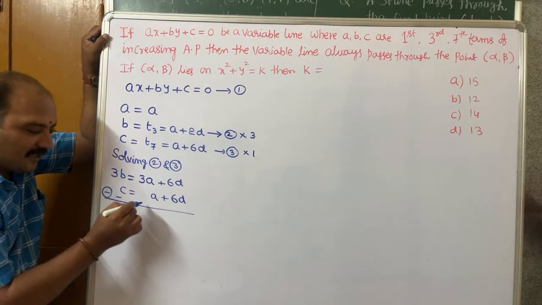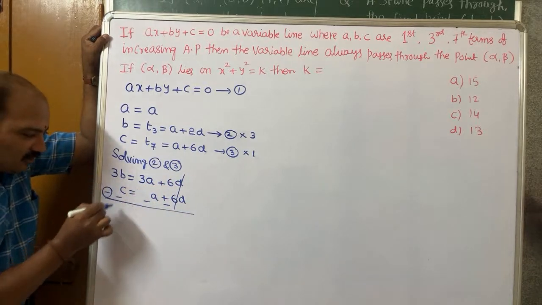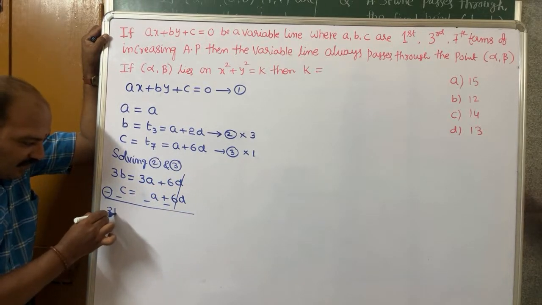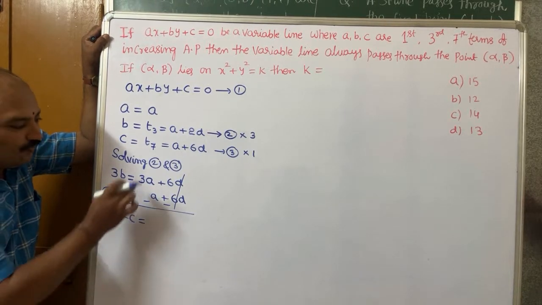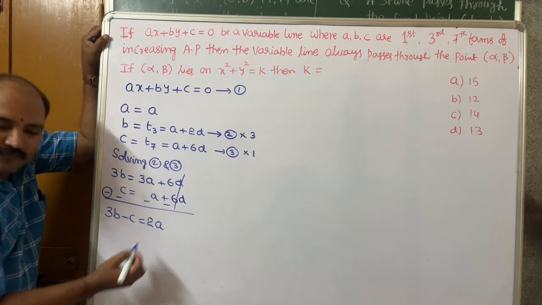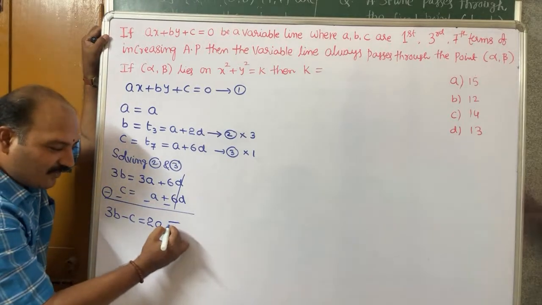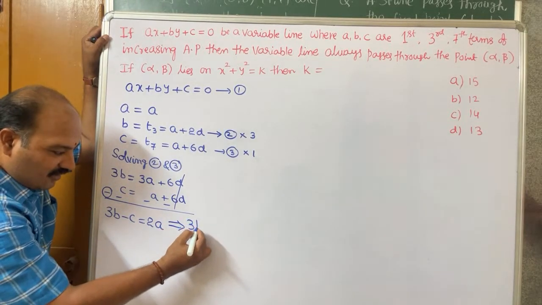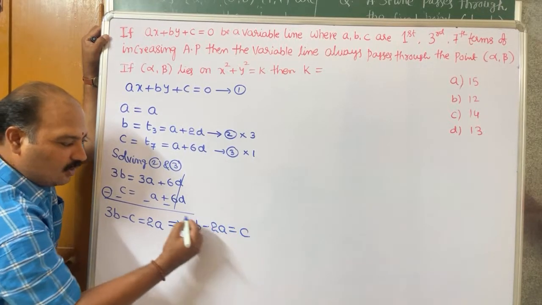Whenever subtracting, the sign changes: plus is there, minus. These two will be cancelled. So 3b minus c is equal to 3a minus a, 2a. Now 2a bring this side, minus c bring that side. That implies 3b minus 2a is equal to c.